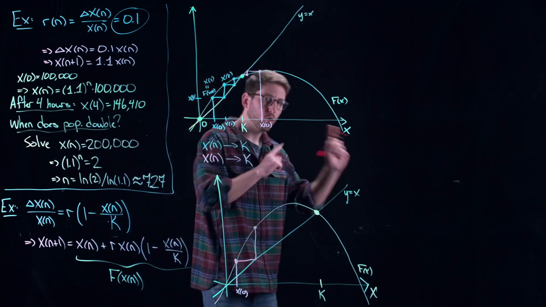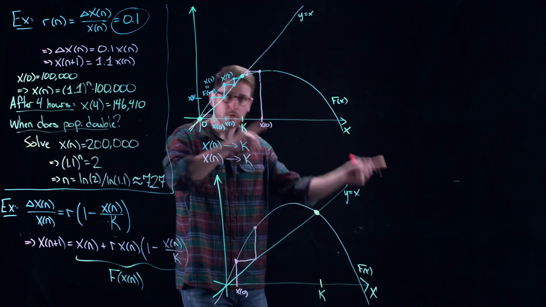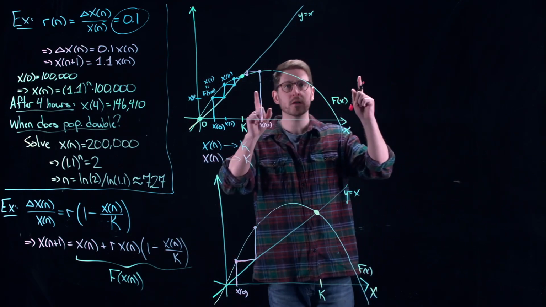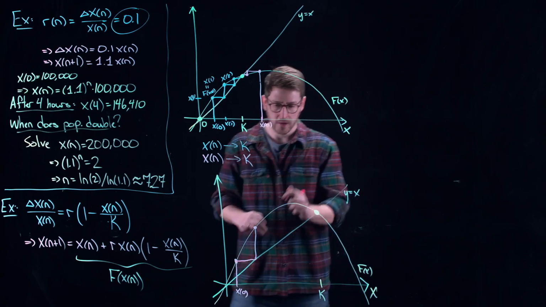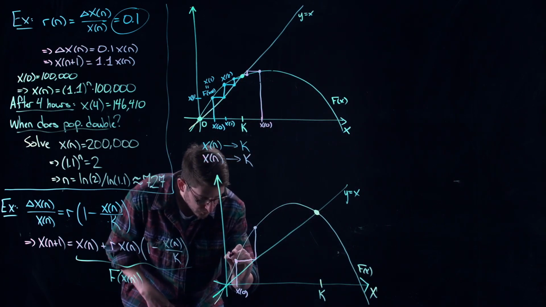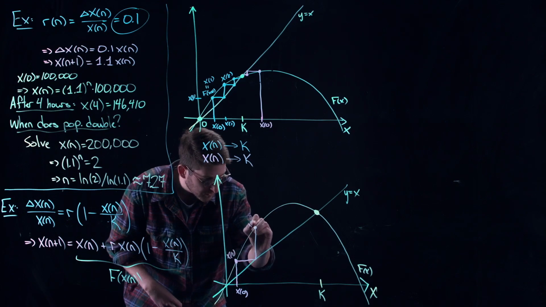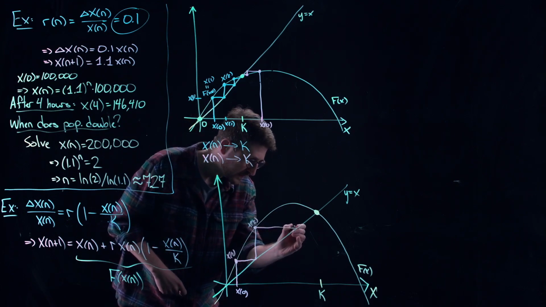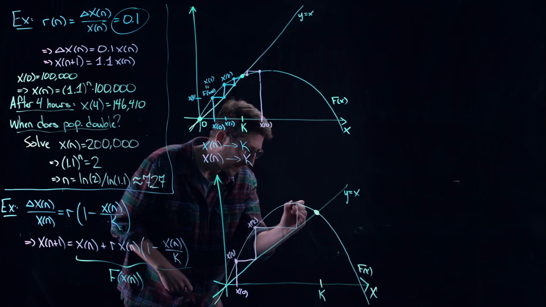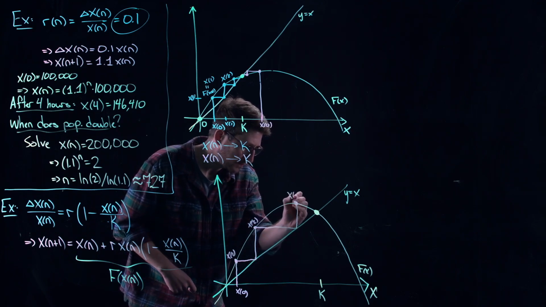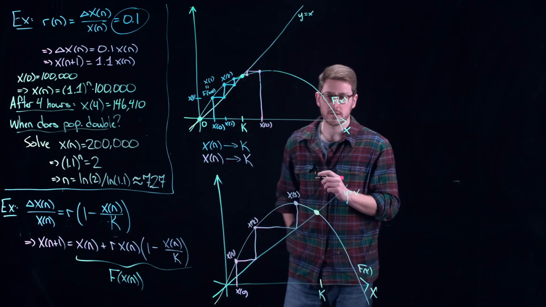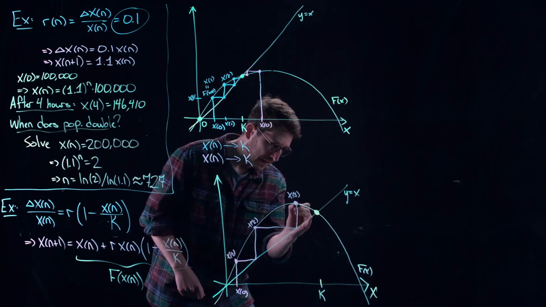So it's horizontal, vertical, horizontal, vertical. You go horizontally to y equal to x, and vertically to f of x. So this would be x of 1. This would be x of 2. Then I trace myself over and up. X of 3. Okay, now is where things are going to get interesting, because look what happens next.